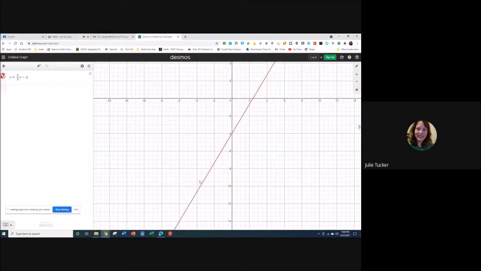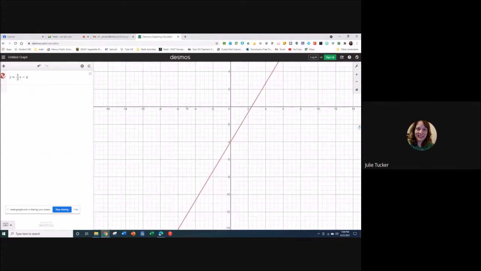And I'm looking for when X is -5. So you can see right here on the X-axis, there's -5. And I'm going to trace down till I hit the line and click on it. So I'm going to click right there. And when I do that, it shows me the coordinate as I roll over it with the mouse.